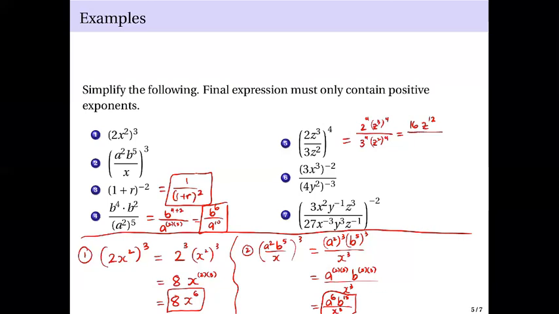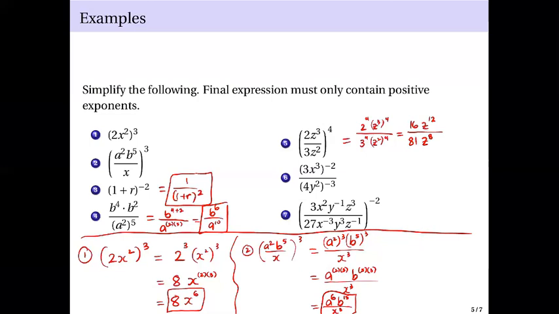And then for the denominator, you have 3 to the 4, so if you do that, you'll get 81. And then you have z squared to the 4, you'll get z raised to 2 times 4, that's 8. So you'll just get z to the 8 in here.